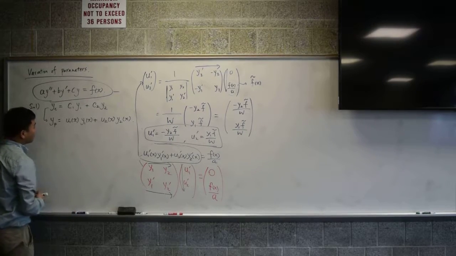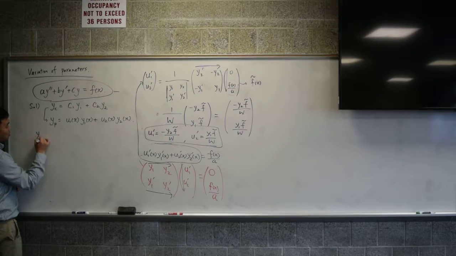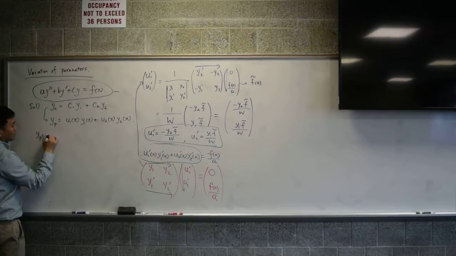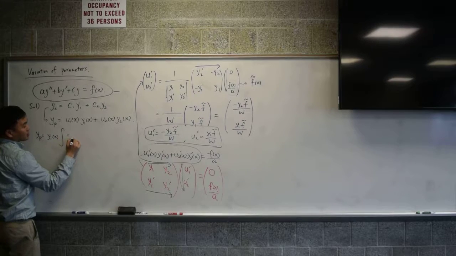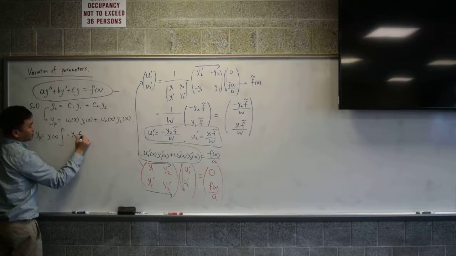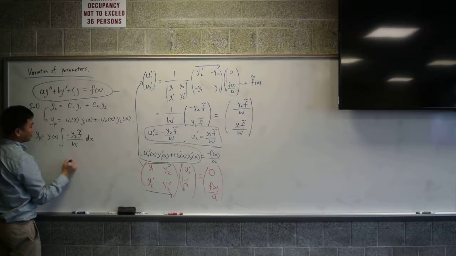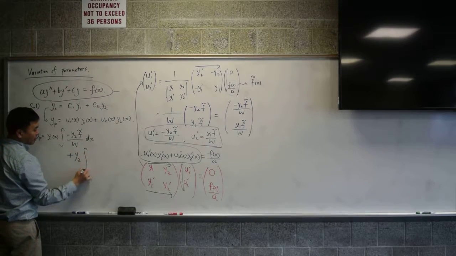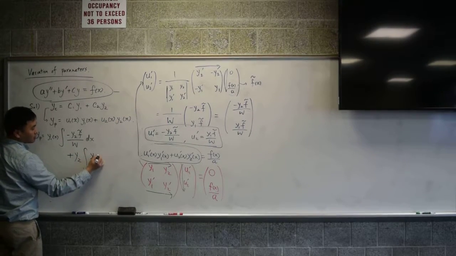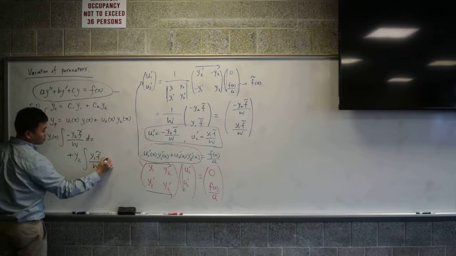So let's write down the integral. So our final conclusion is that y_p should be y1 times u1, which is the integral of this thing, right? So it's negative y2 f tilde over W dx, plus y2 times u2, that's again an integral, which is y1 times f tilde over W dx.